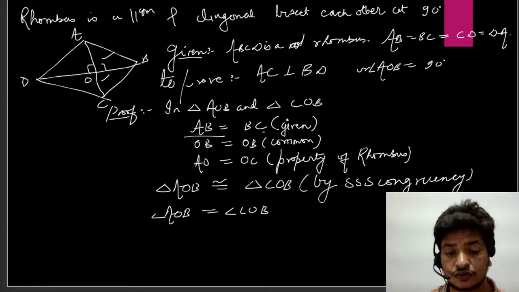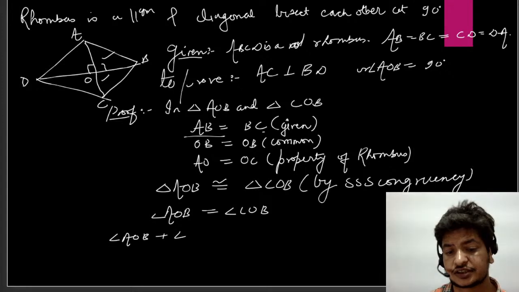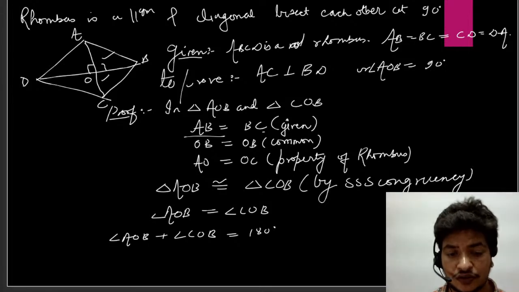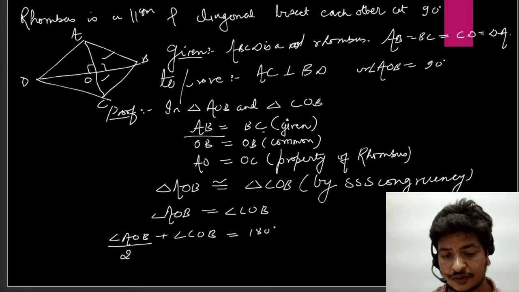And if I add angle AOB plus angle COB, it is equal to 180 degrees, which helps me find that 2 times angle AOB is equal to 180 degrees.